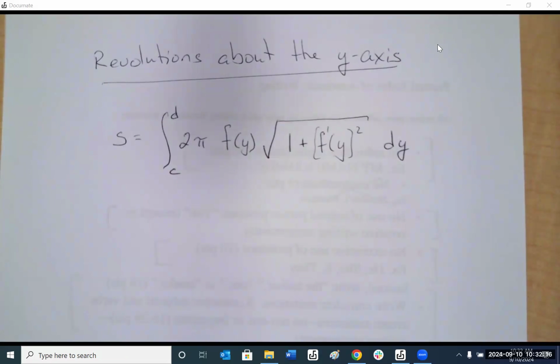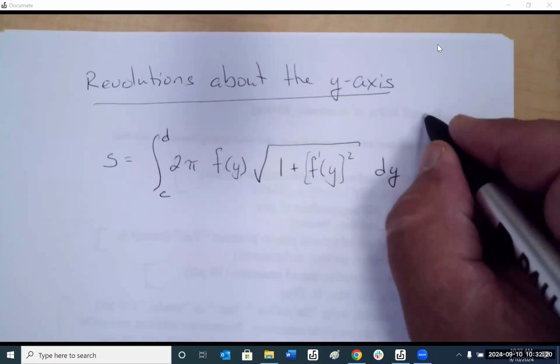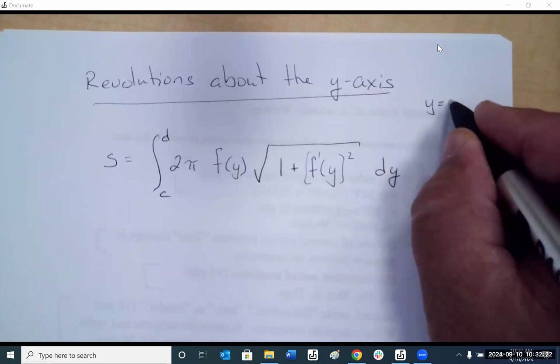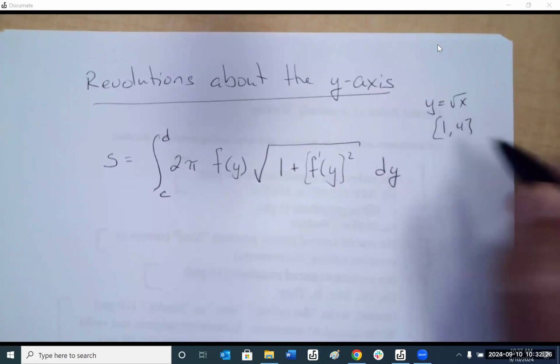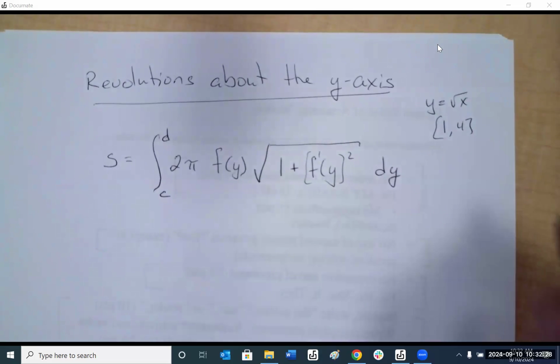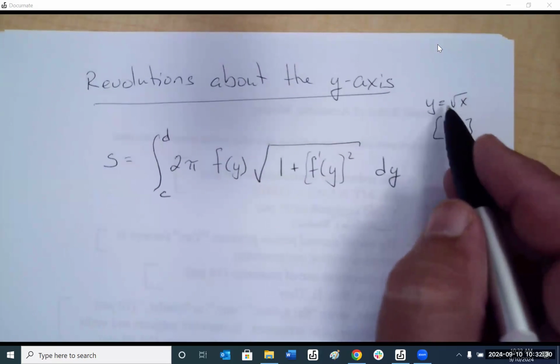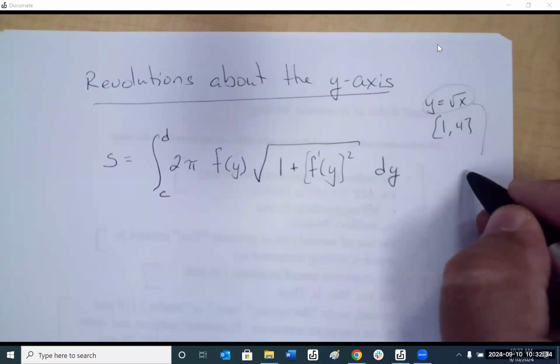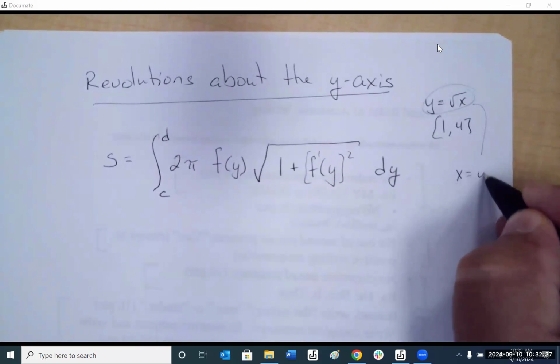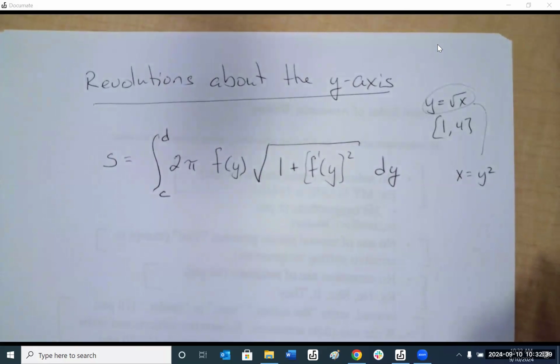Oh well, but in other words, if you get an equation that looks like this, y equals square root of x from 1 to 4, you have to change this now because the function has to be with respect to y. So we have to change this one to x equals y squared.